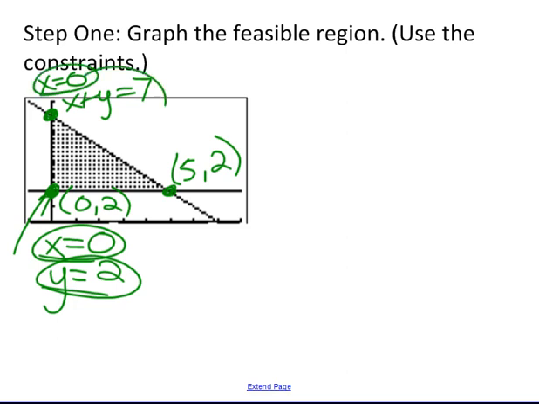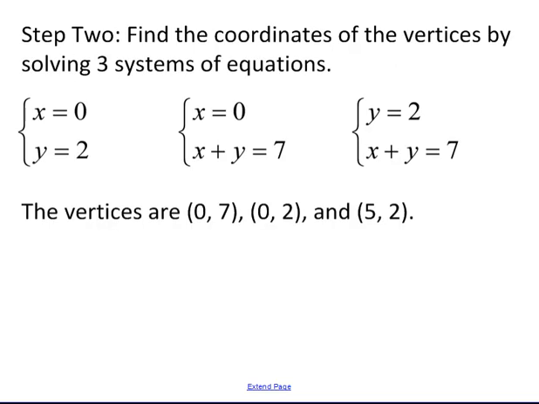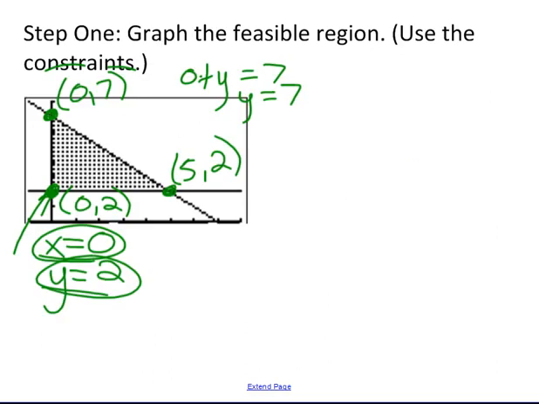X is equal to 0, you substitute it in for x. 0 plus y equals 7, or y equals 7. So these 2 lines cross at the point 0, 7. So 0, 7, 0, 2, and 5, 2. That's the 3 points where those lines all cross.